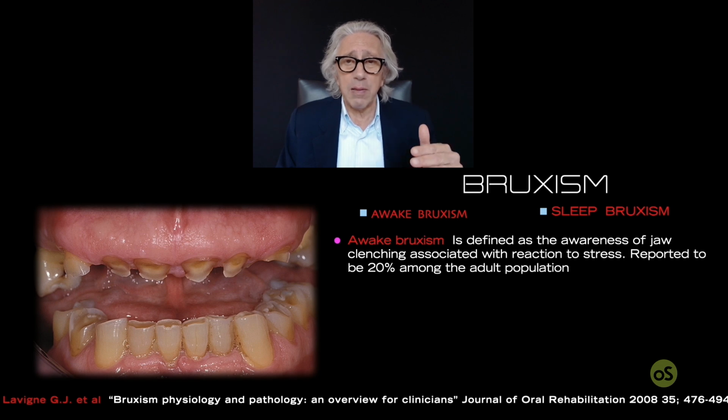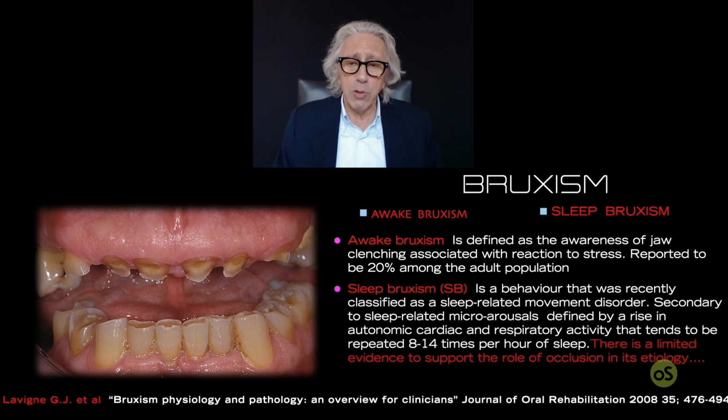And then you brux. So let me read with you. It's a behavior that was recently classified as a sleep-related movement disorder, secondary to sleep-related microarousals, defined by a rise in autonomic cardiac and respiratory activity that tends to be repeated 8 to 14 times per hour.